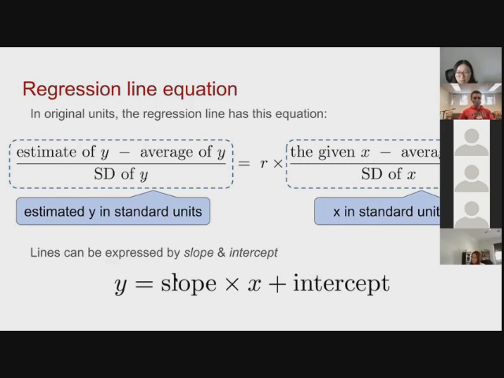So the estimated y in its non-standard, original units is going to be the slope times the x in its original units, plus the intercept.